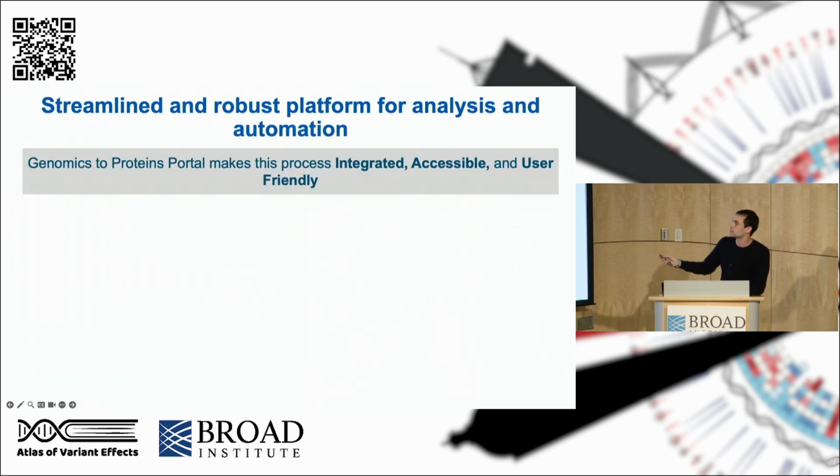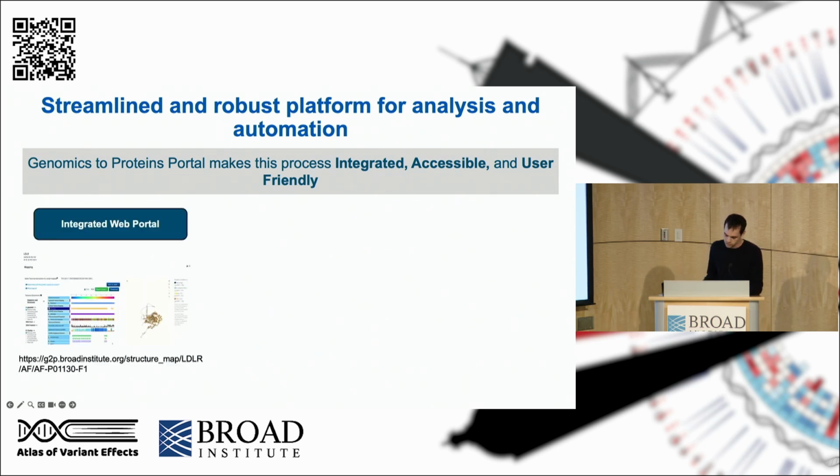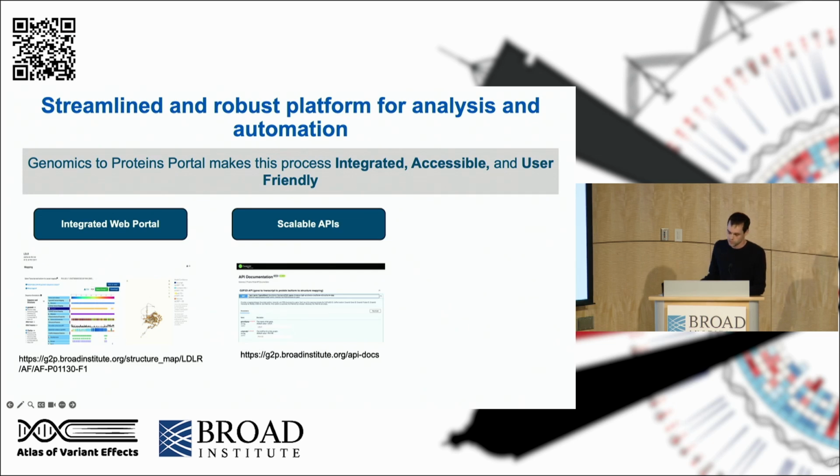So to circle back and recap a bit, we've seen how the portal integrates functional and structural data across data sources. It provides an easy integration, both as a data resource and as an interactive module. In addition, there are robust and scalable APIs.